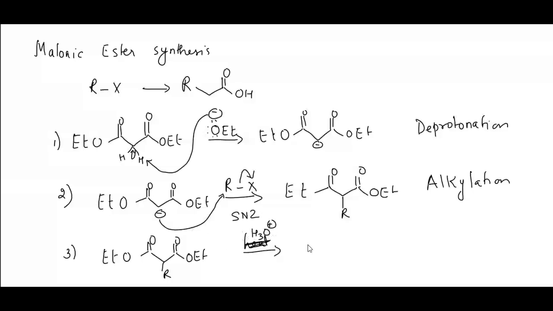The next step is the hydrolysis, where, if you recall from chapter 21, esters can be hydrolyzed to their respective acids. So we get a dicarboxylic acid. Then the last step is where you decarboxylate by heating this, and you end up with the carboxylic acid and carbon dioxide.